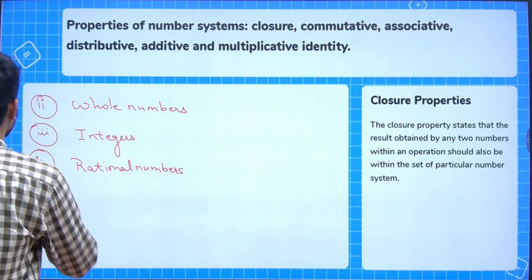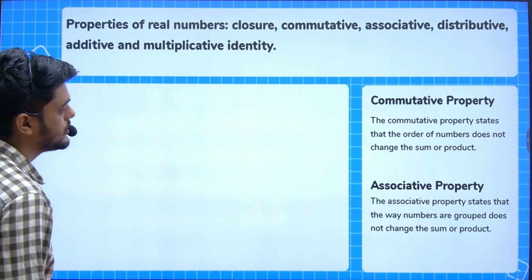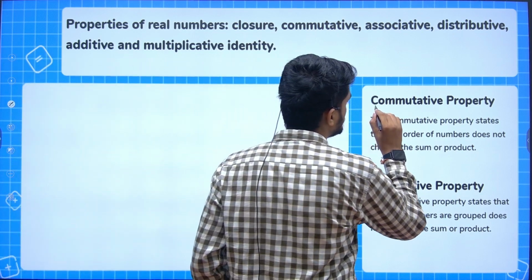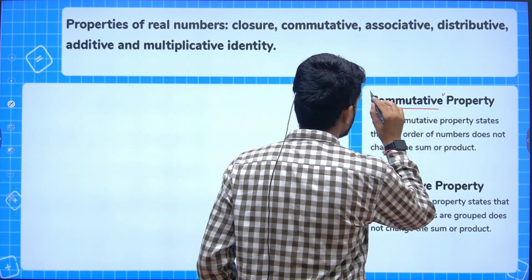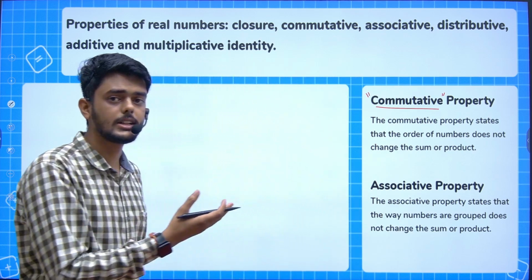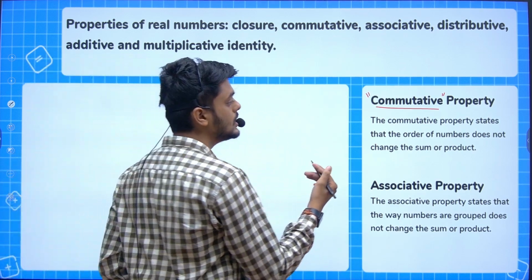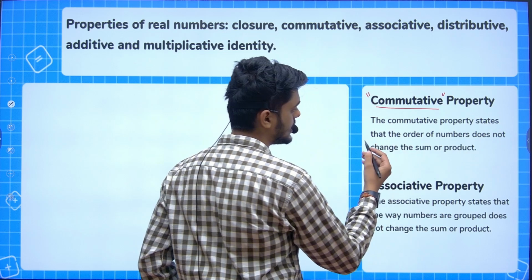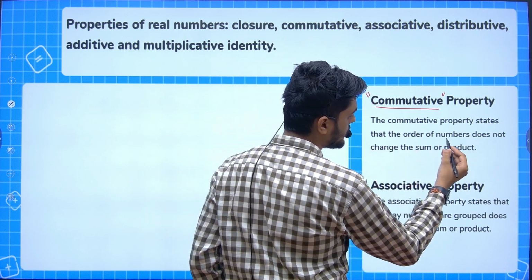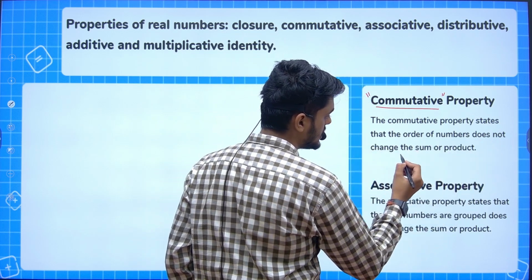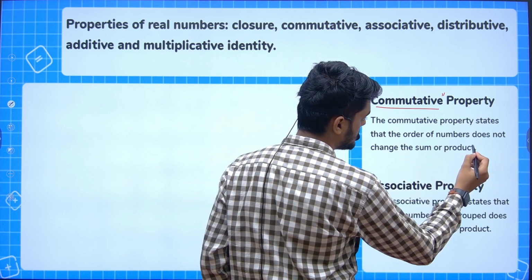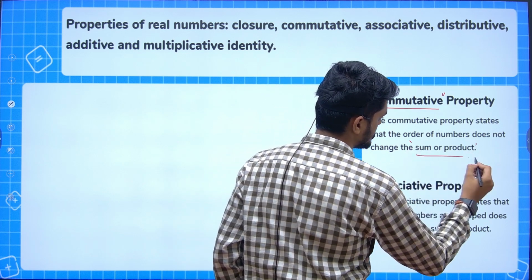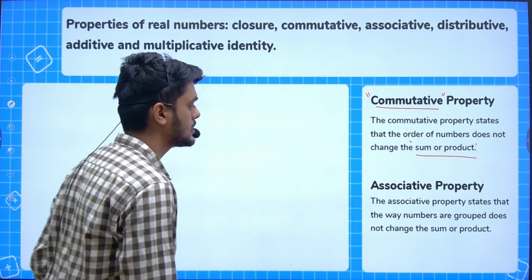Now moving ahead, we have the commutative property. What does commutative mean? The commutative property states that the order of numbers does not change the sum or product. Now what does this mean?